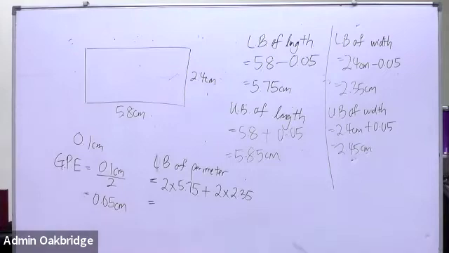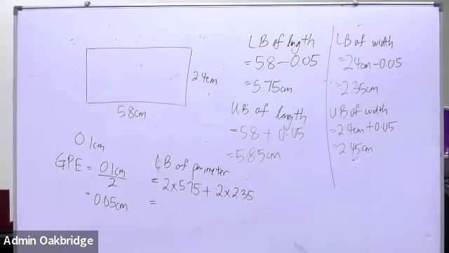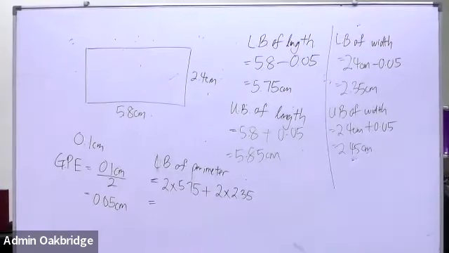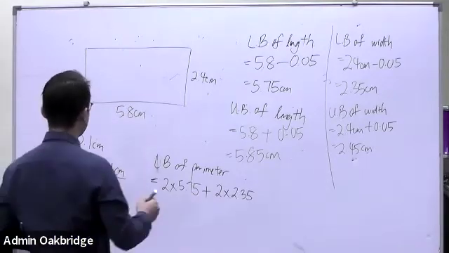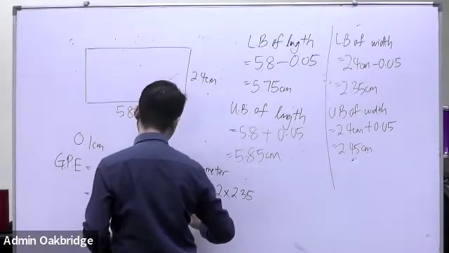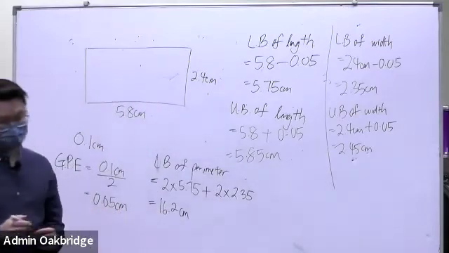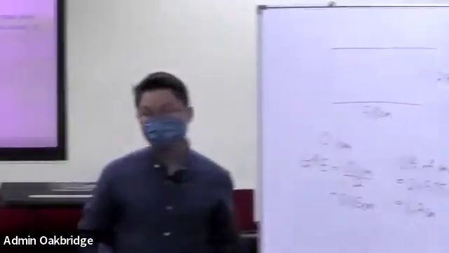What do you get? 2 times 5.75 plus 2 times 2.35 gives 16.2 cm.